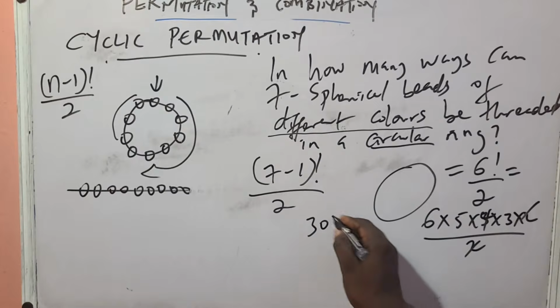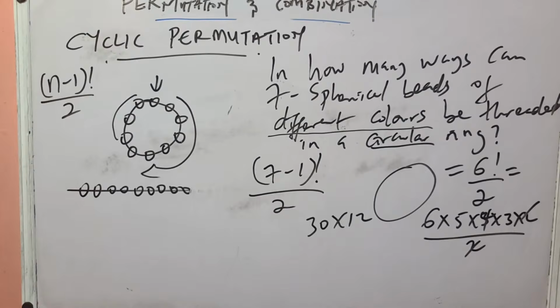What is 30 times 12? What do we get as 30 times 12? 360 ways. All right, good. So this is a special type of cyclic permutation. This is very nice.